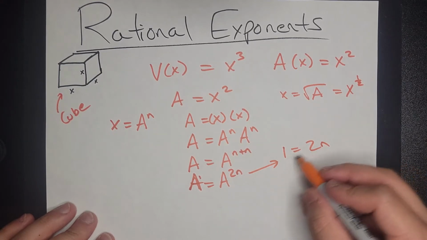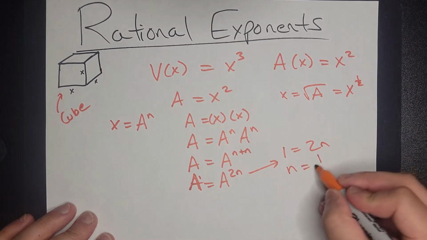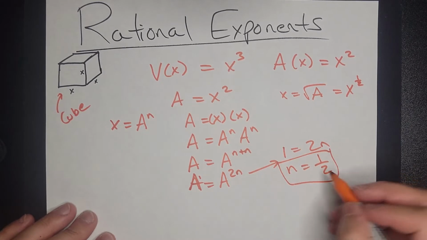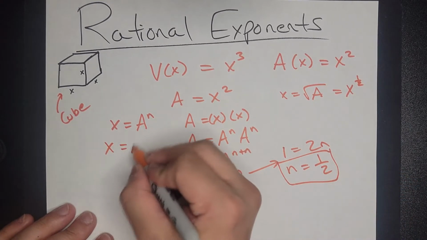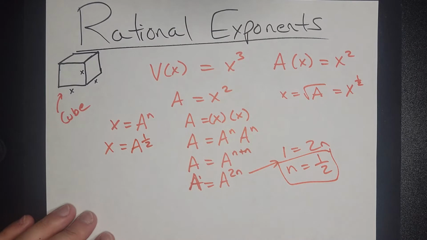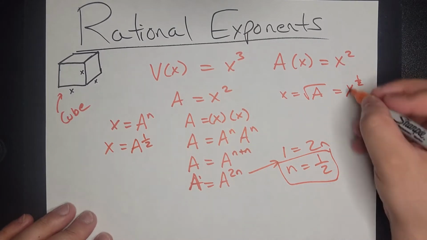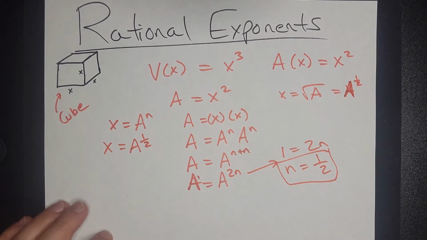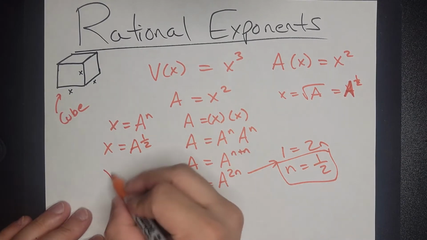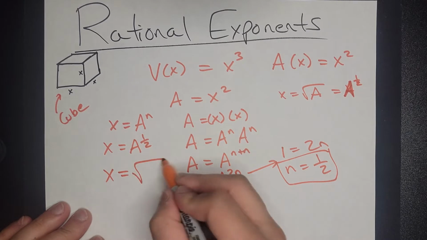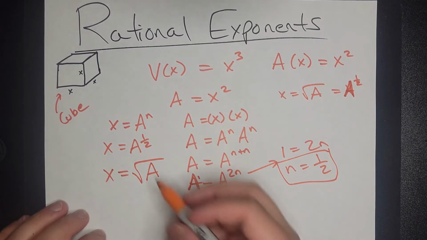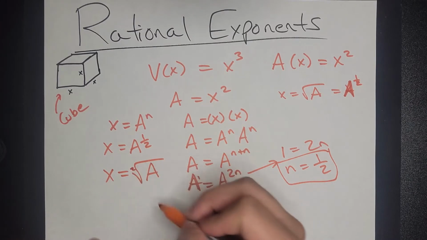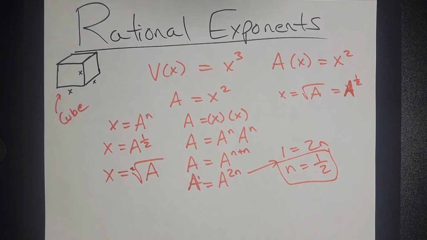So if 1 equals 2n, that means n equals 1 over 2 if I divide both sides by 2. And therefore, x is equal to a to the power of 1 over 2. Oh yeah, sorry, that might have confused somebody. That is the same as writing the square root, which is basically saying to the power of half.